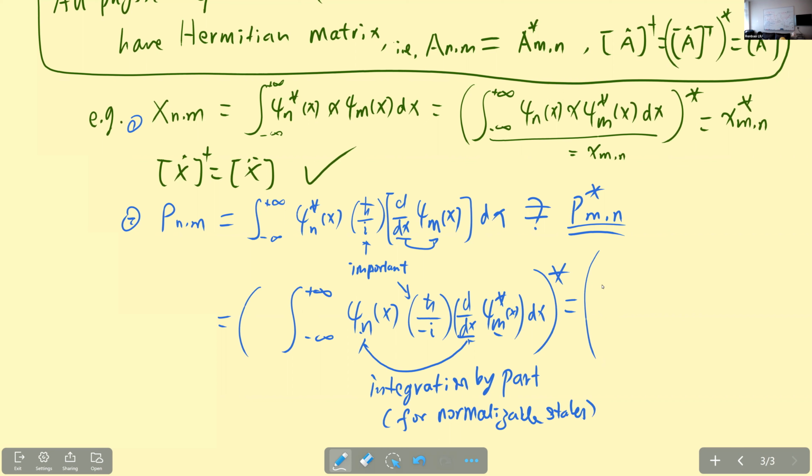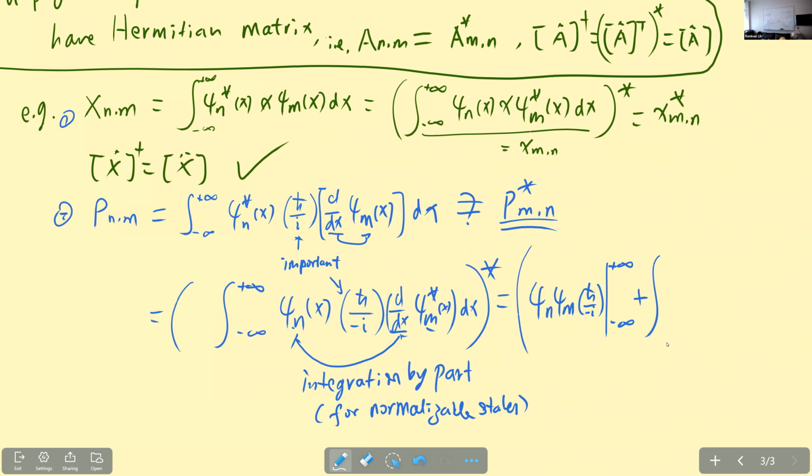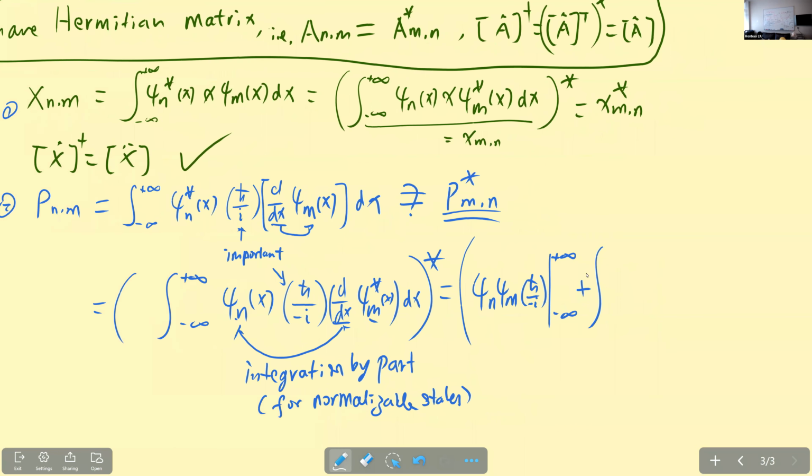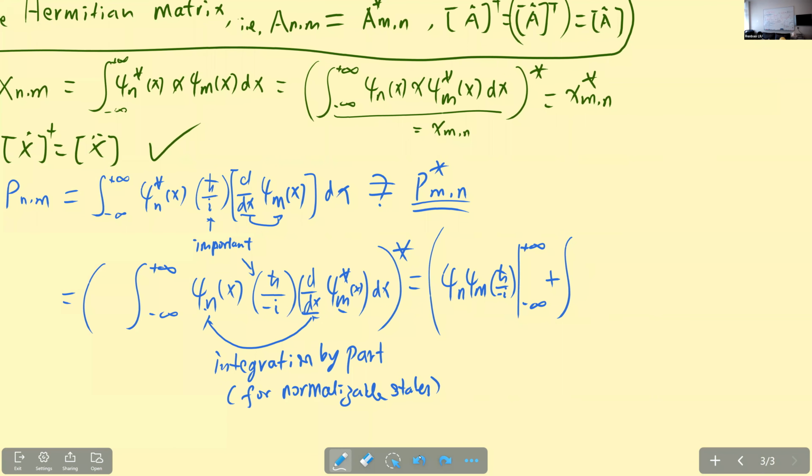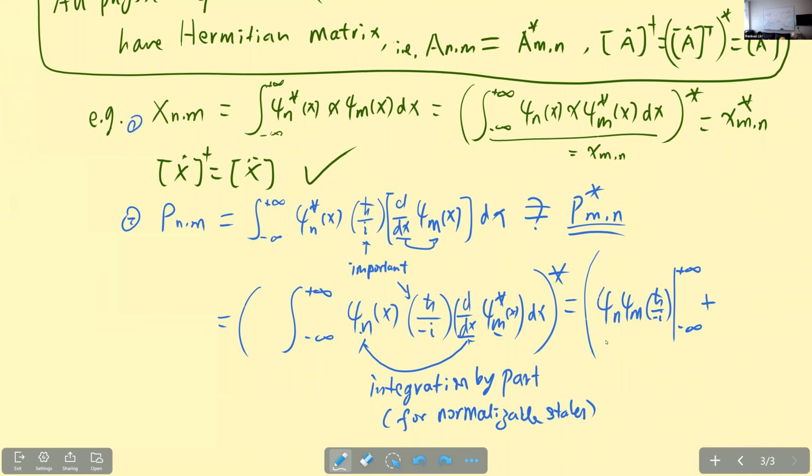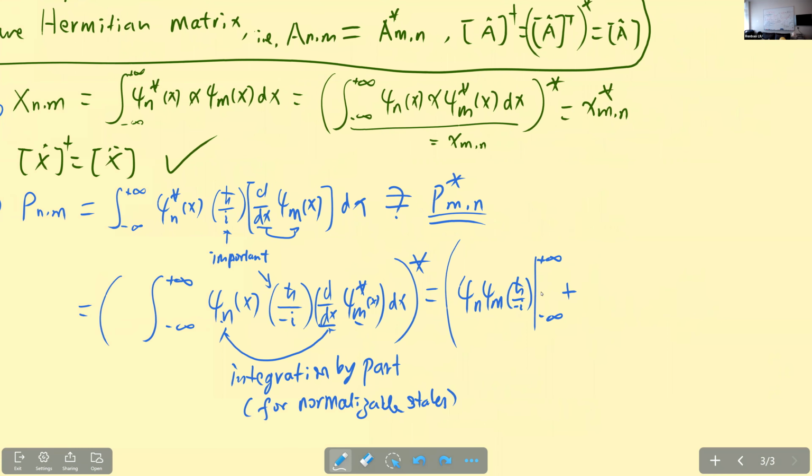So one is, right, and then another term is just, so another term is going to be.